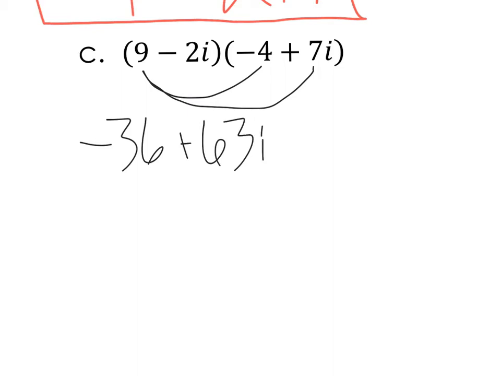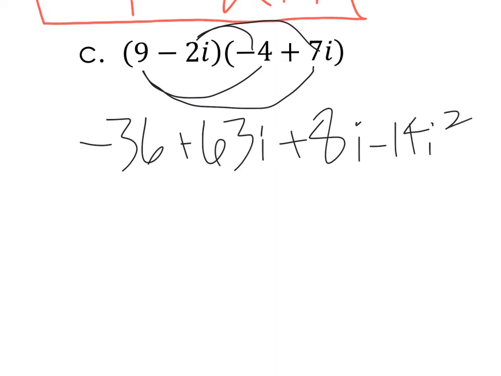And then, so we did F and O, now we do I, inner. So that's going to be -2i times -4, so that's positive 8i. And then we'll do last, minus 14i squared from doing -2 times 7, -14, and then i times i makes i squared.